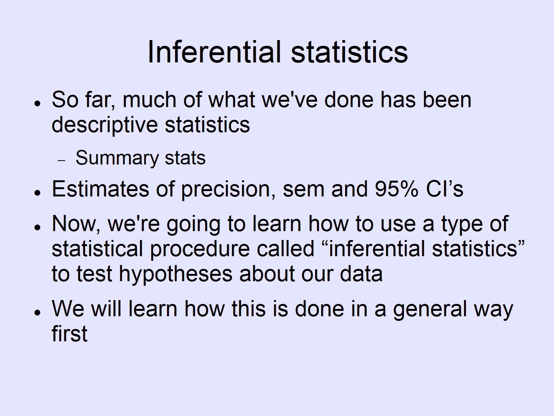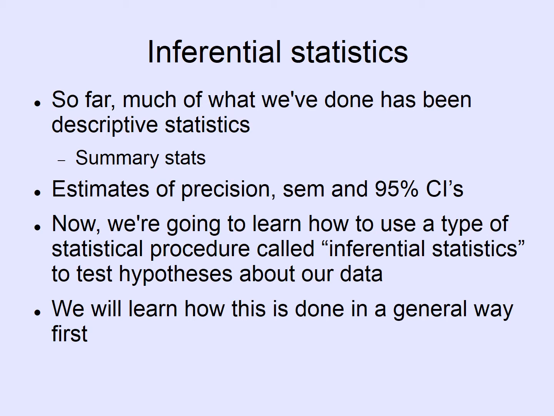So we're going to be bringing this all together to find out how can I make an inference, and that's why it's called inferential statistics, about whether my hypothesis has support for it or not in my data. So we're going to learn how to do this in a very general way.